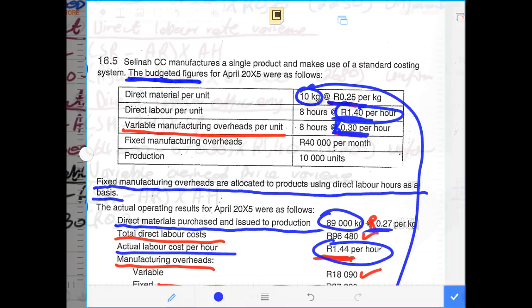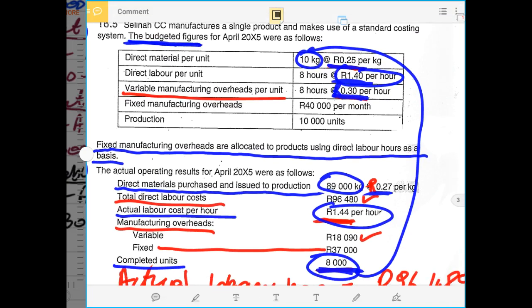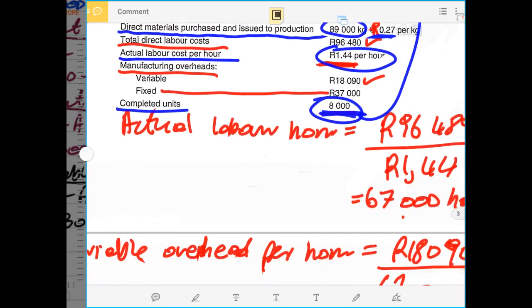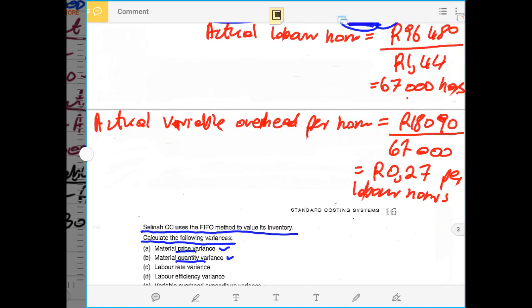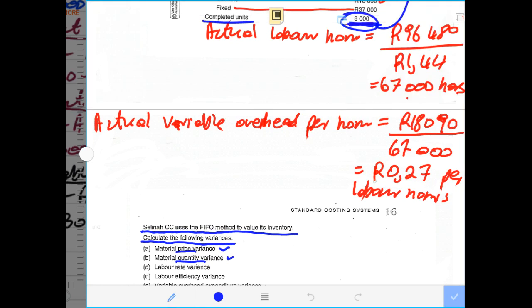And I think we did calculate our actual rate if it was not provided to us. There we did have our actual variable overhead per hour, and that actual was 27 cents. We have to calculate that because we were not given it, but there was necessary information to calculate that.